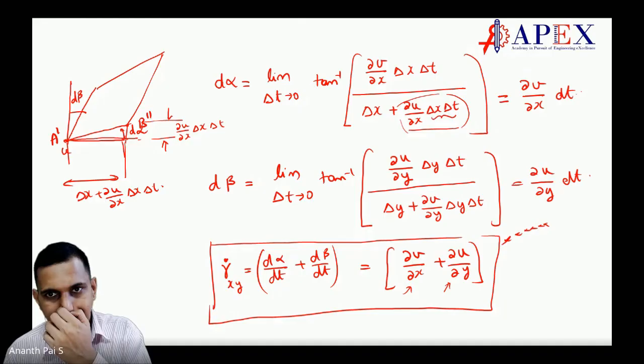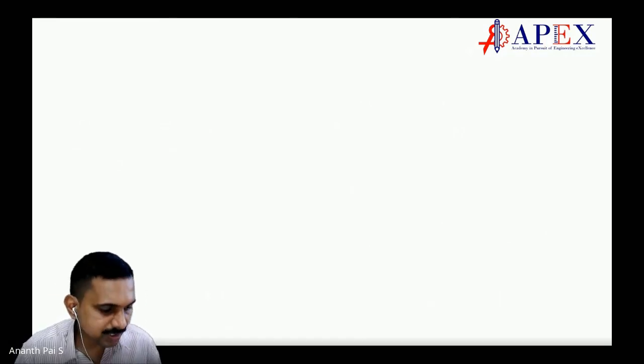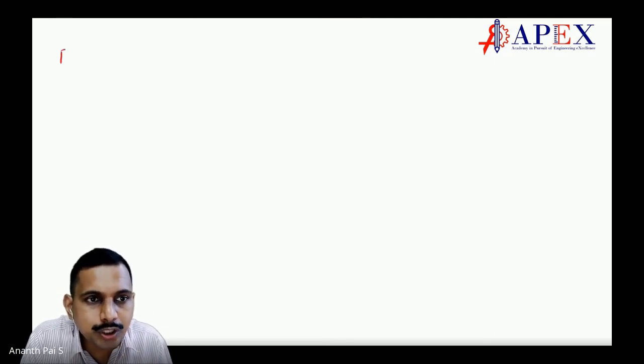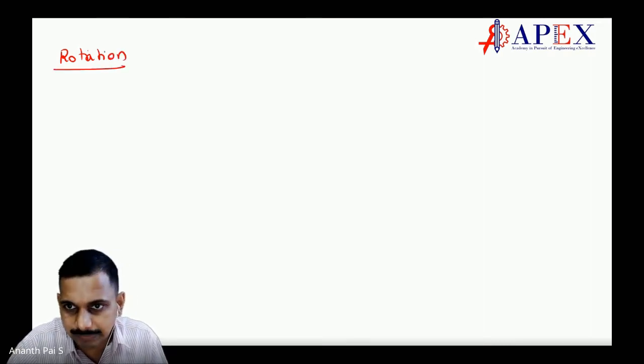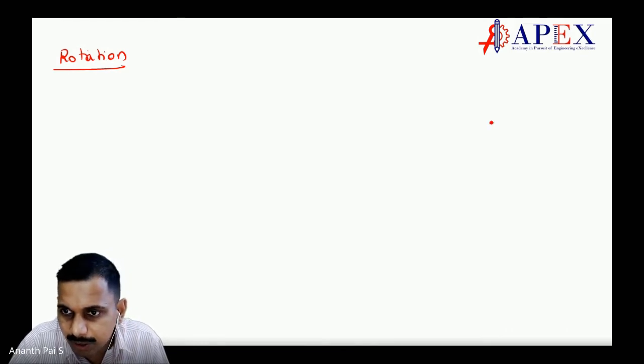Yes, very good. So next, now what is happening here is we are talking about our rate of deformation. There is something called rotation. This is another term which we have to understand. Rotation is about how things rotate, is it not?